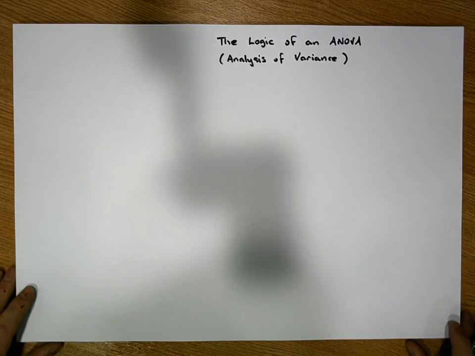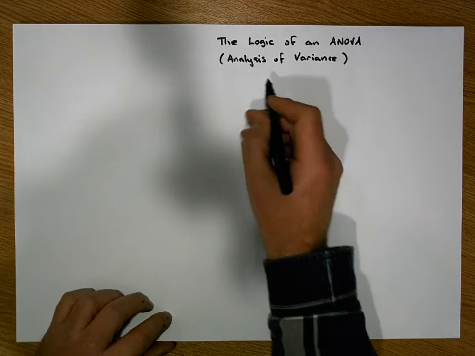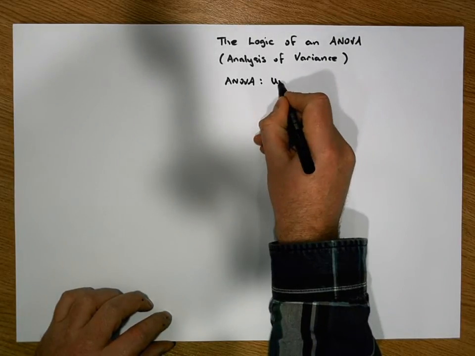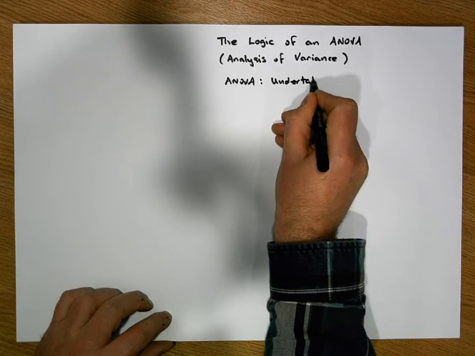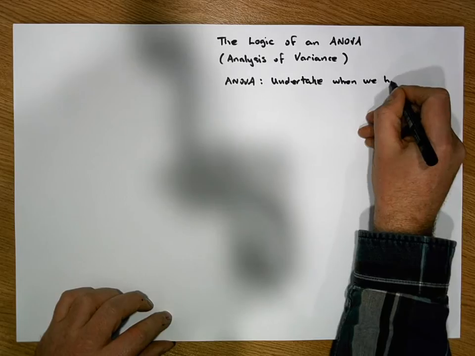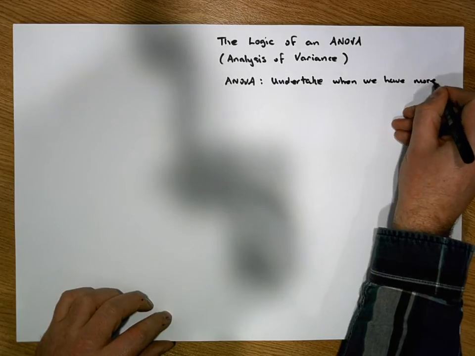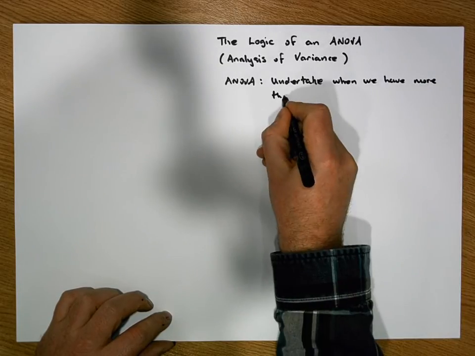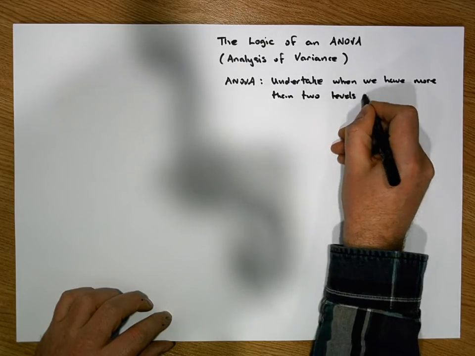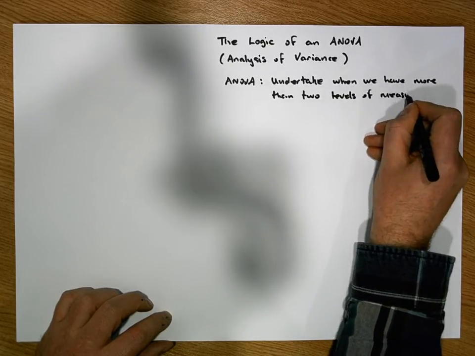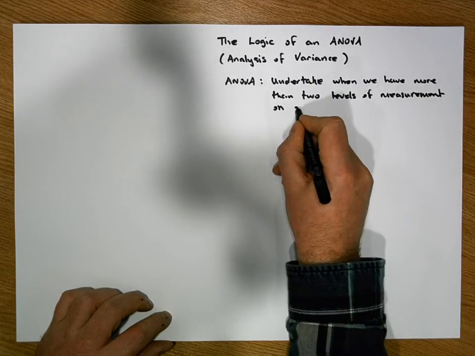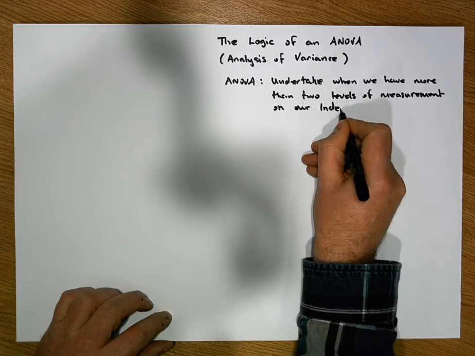Let's just keep in mind that we undertake an ANOVA when we have more than two levels of measurement on the independent variable.